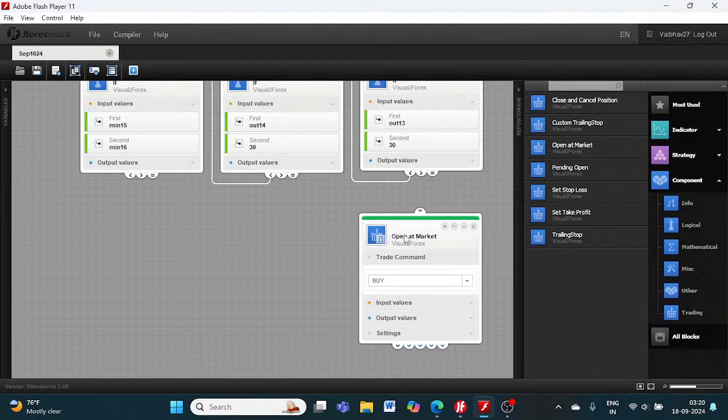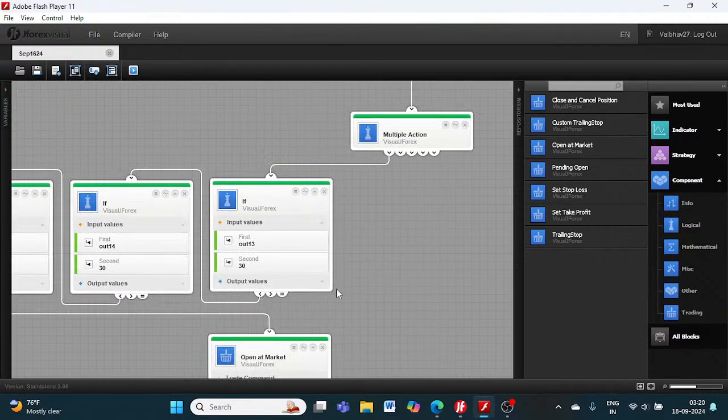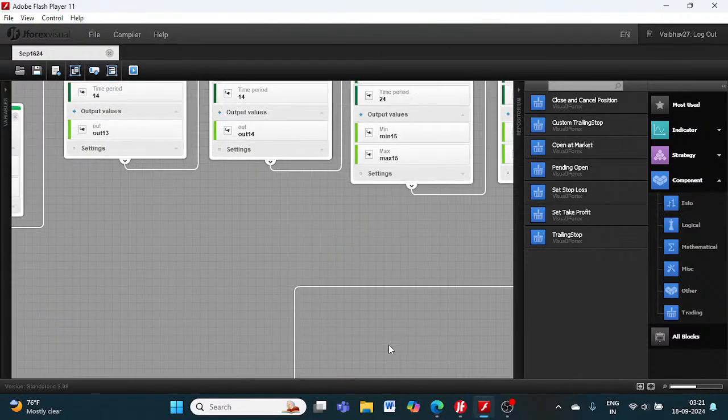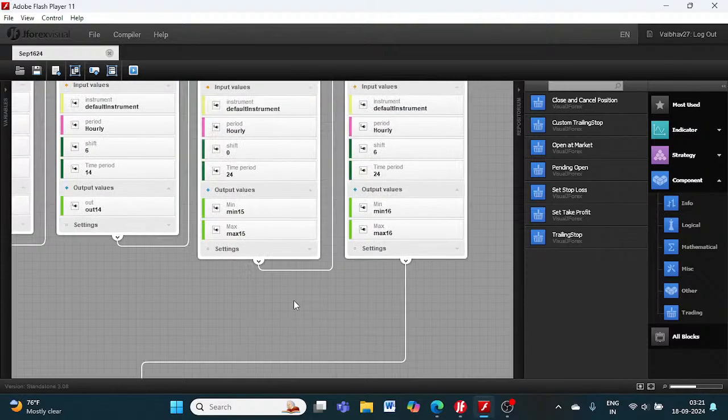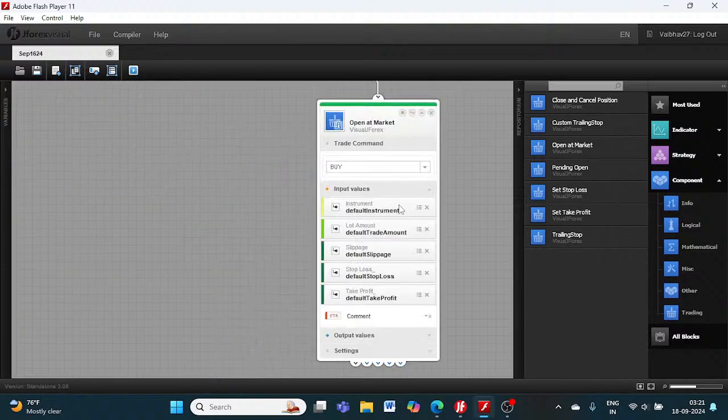This is for the buy trade. Buy trade has to happen if the current minimum is greater than or equal to the minimum value 6 hours back, that is minimum 16. All right, I'm not going to make any changes to these default parameters. These will remain the same.